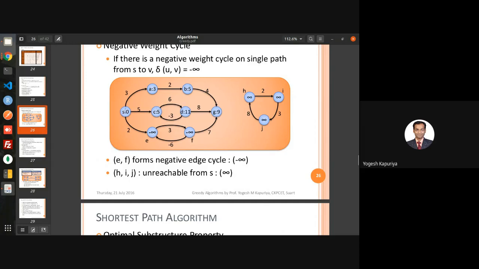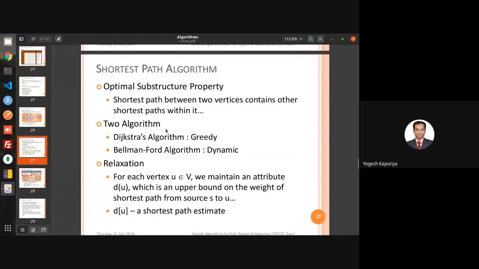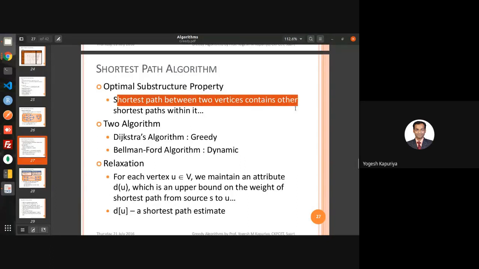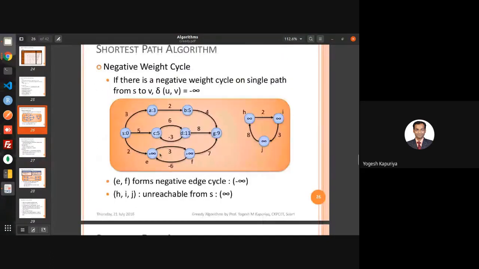A shortest path between S to G can be obtained by finding the shortest path between S to D and D to G, or similarly S to B and B to G, or S to A and A to G. So this is the optimal substructure property. A shortest path between two vertices contains other shortest paths within it.